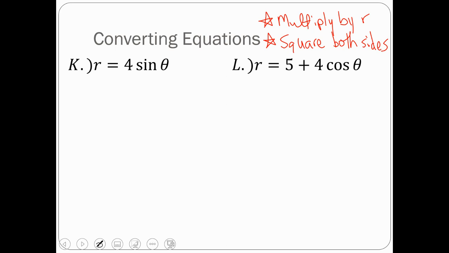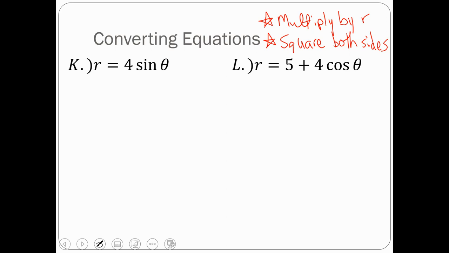So the first equation says r equals 4 sine theta. Well, if I square both sides, that gets me r squared on the left-hand side, which is good, which then I can change into x squared plus y squared. But on the right-hand side, if I square that, I get 16 sine squared theta, and that doesn't really help me get rid of everything.